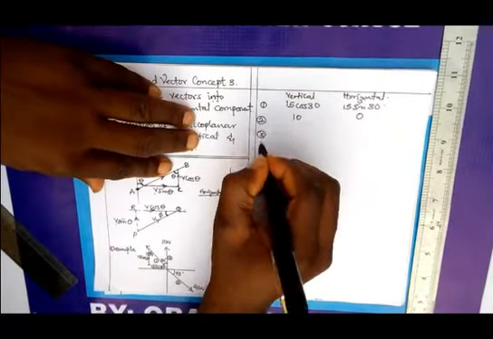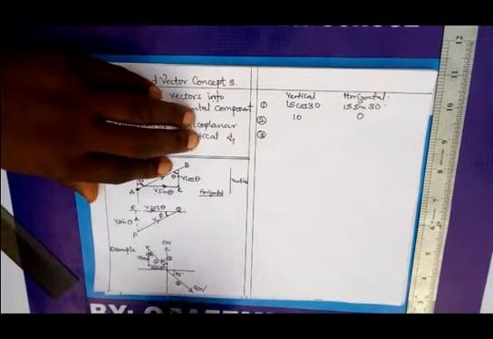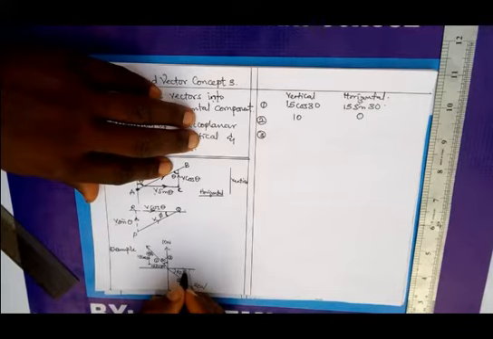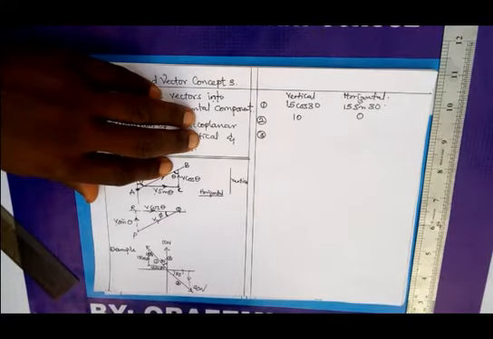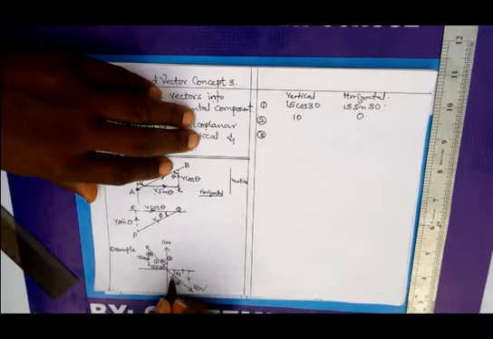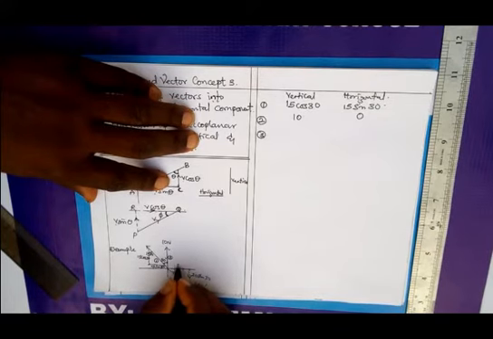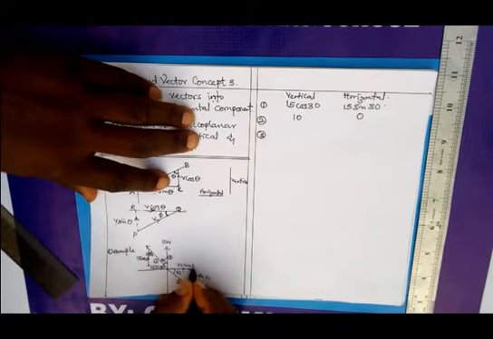Vector 3, I have it like this. When I resolve it into vertical component and horizontal component, I have this and I have this. Looking at this, the component facing the angle is 20 sine 45, and the other component will be 20 cos 45.